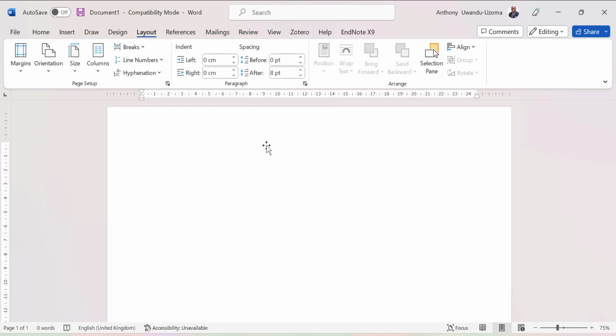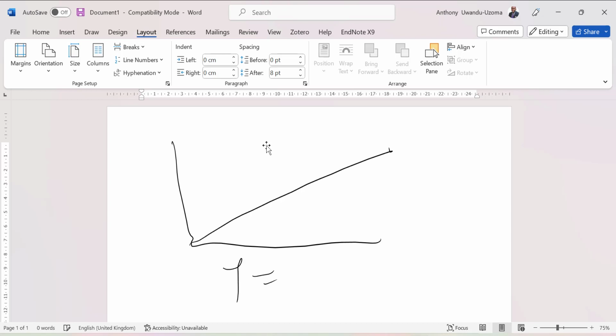Now when you talk about linear regression, it's all about a straight line. We all know that the equation of a straight line is y = mx + c, where m is the slope and c is the intercept.